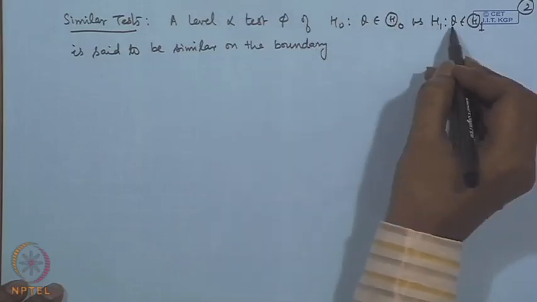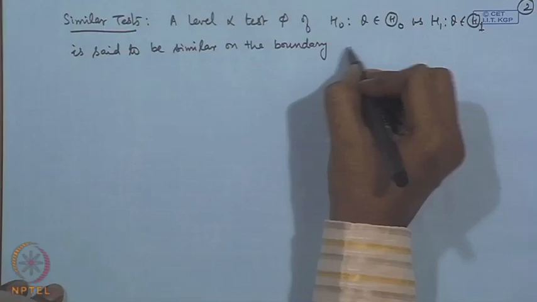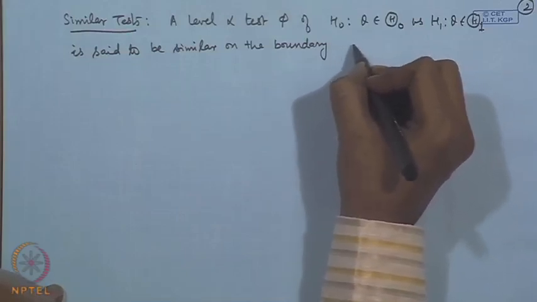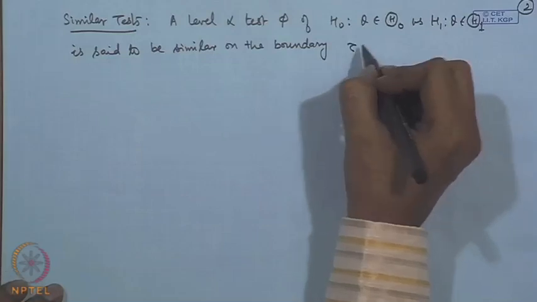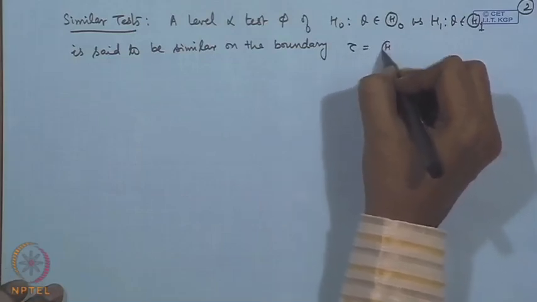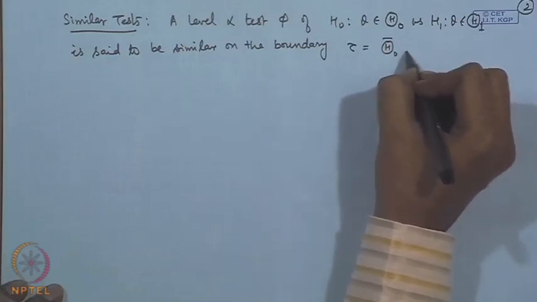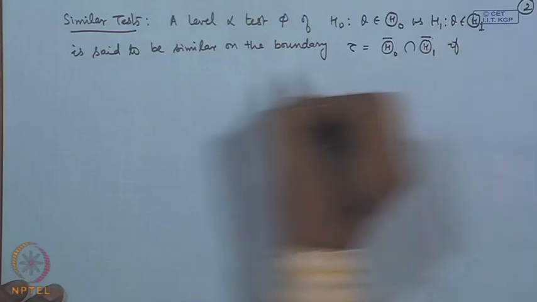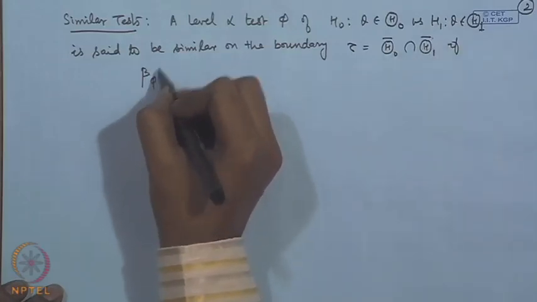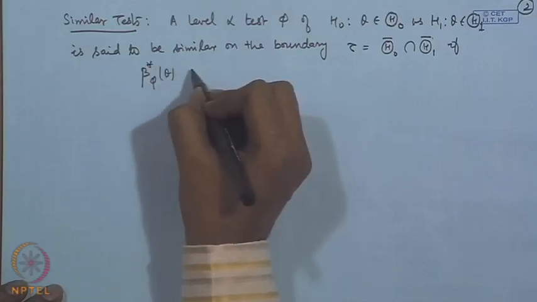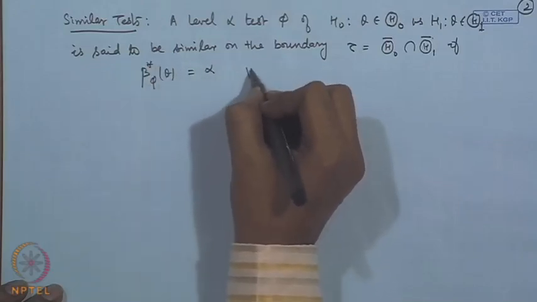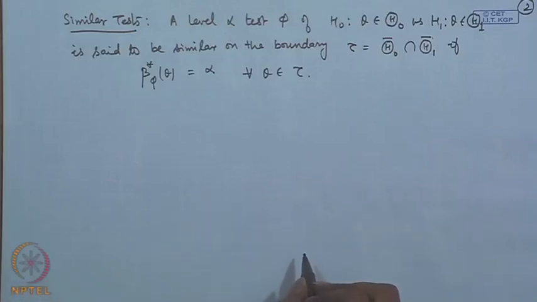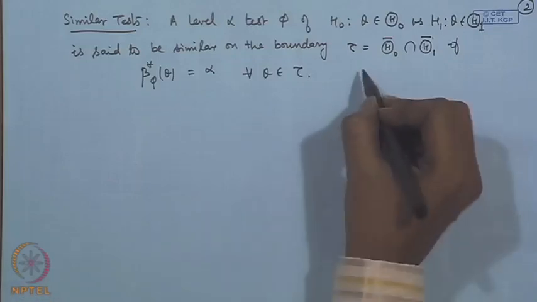The boundary of theta naught and theta 1, let us denote it by tau, that is equal to theta naught closure intersection theta 1 closure, if beta phi star theta is equal to alpha for all theta belonging to tau. So, this is called a similar test.